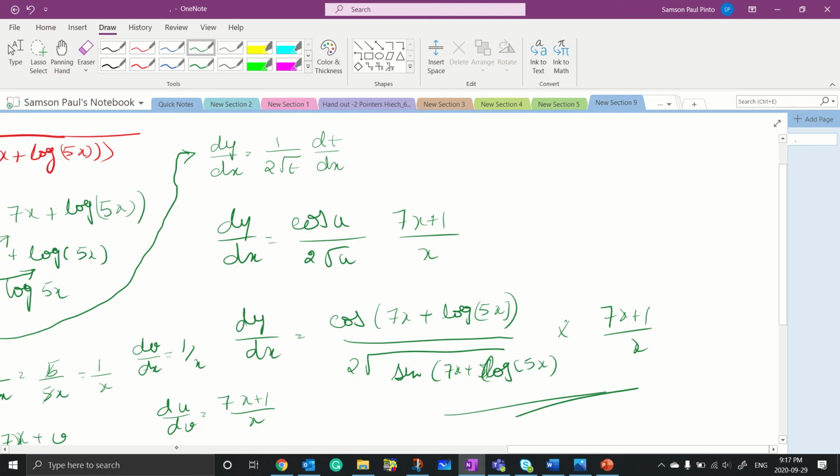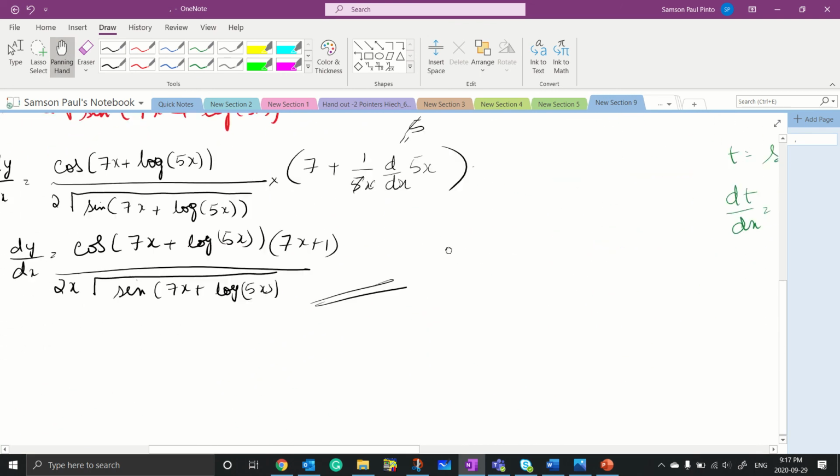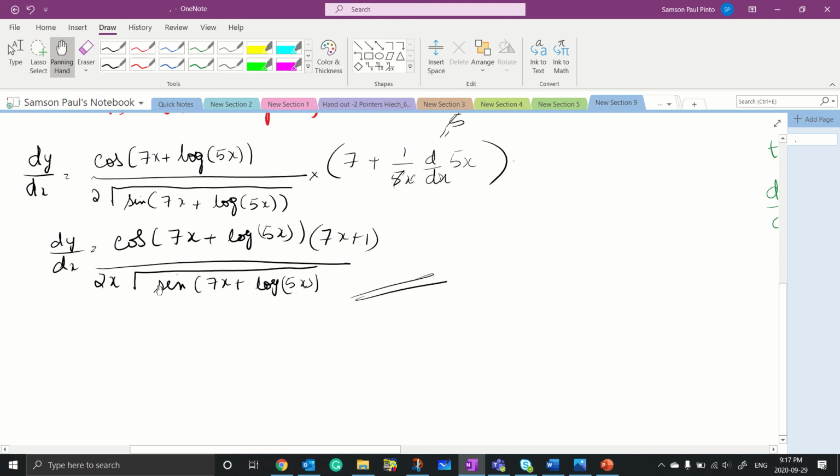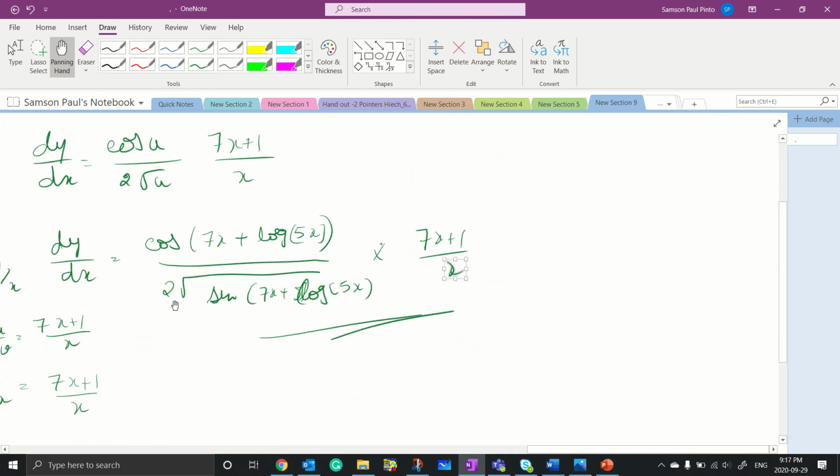I think it's pretty much the same as the previous answer you have got here. I've just taken the cos here, and that's what you have got. The x I have moved it here.